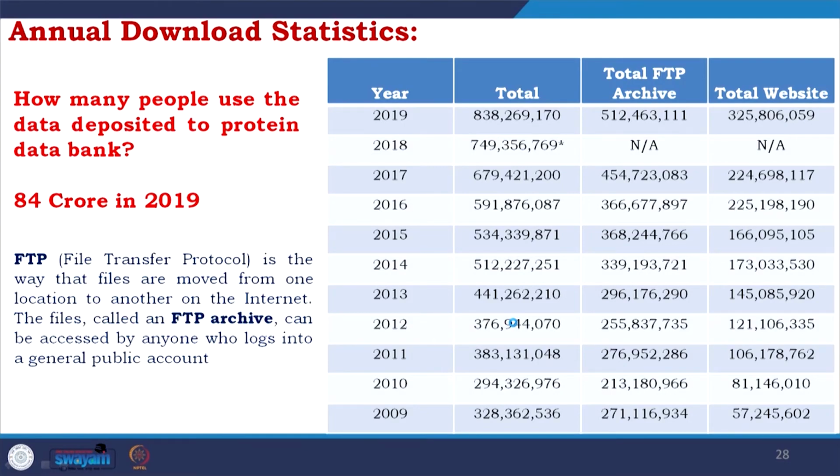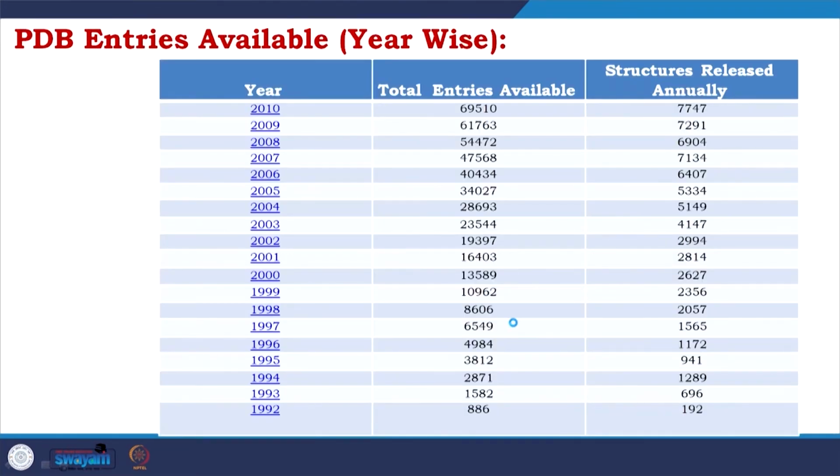The FTP, which is a file transfer protocol, is the way that files are moved from one location to another on the internet. So, when people download structures and all, that comes here, this is 51 crore, and through the website around 32.6 crores. It is a huge number.